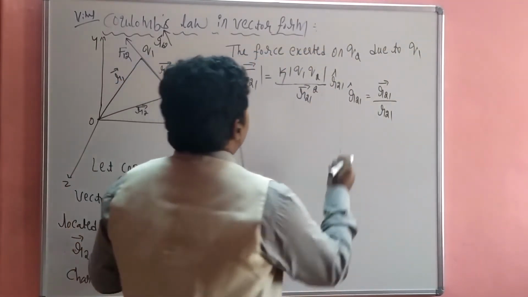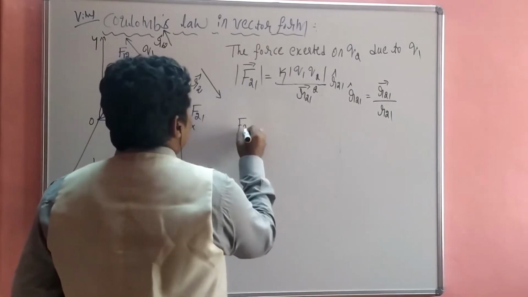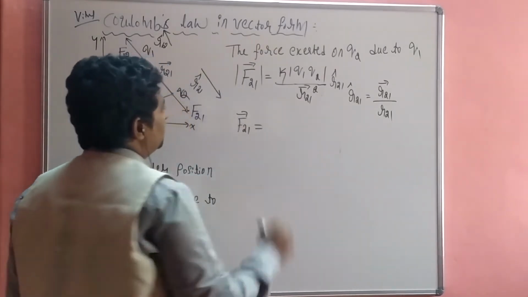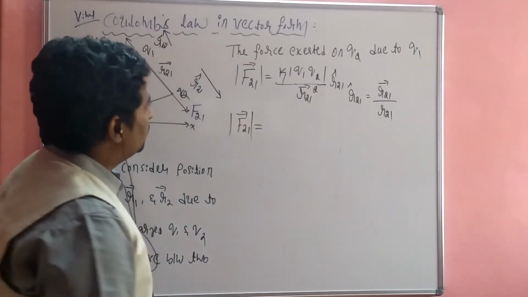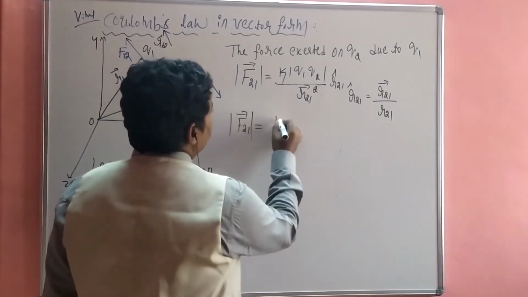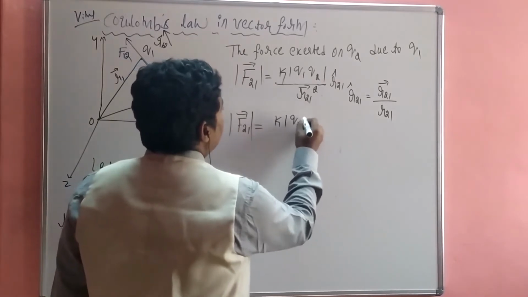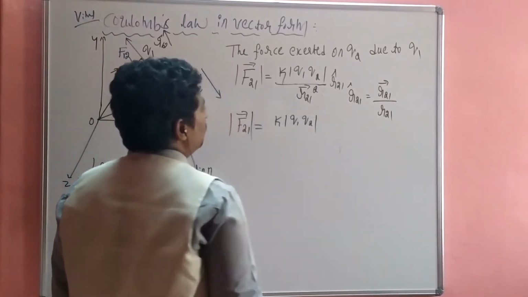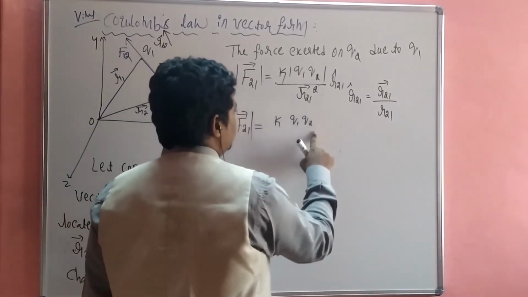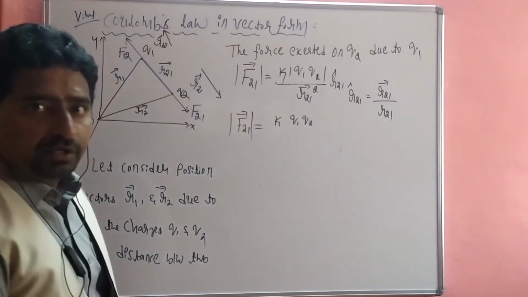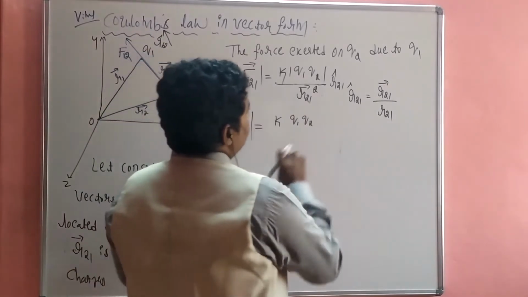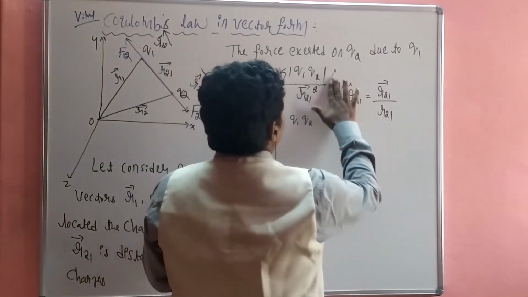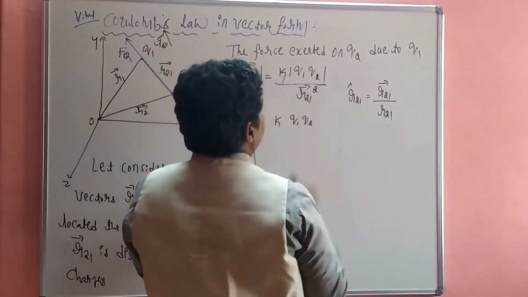So that F21 vector is equal to K, mod Q1 Q2. Okay, I remove the mod. Why did I remove the mod? Because this is only the magnitude.